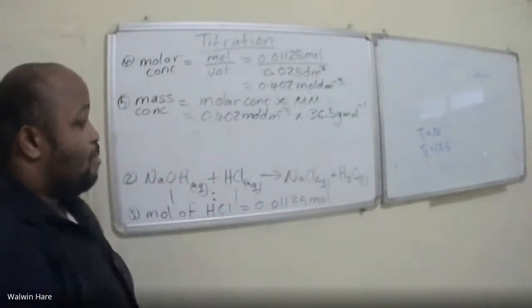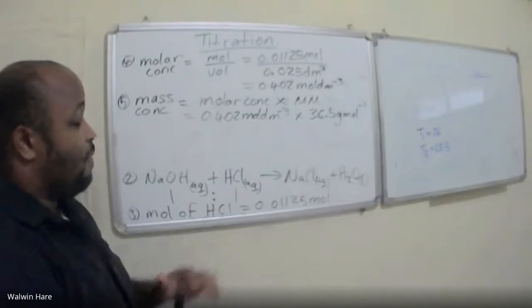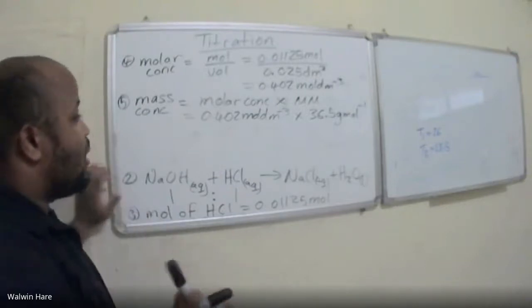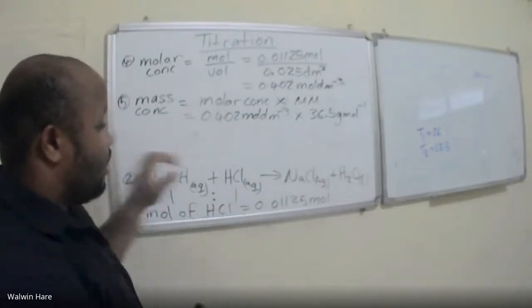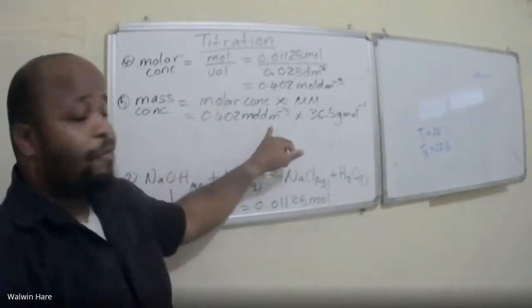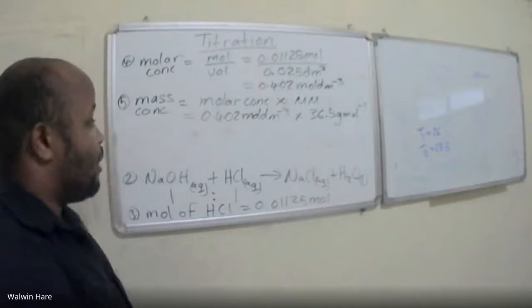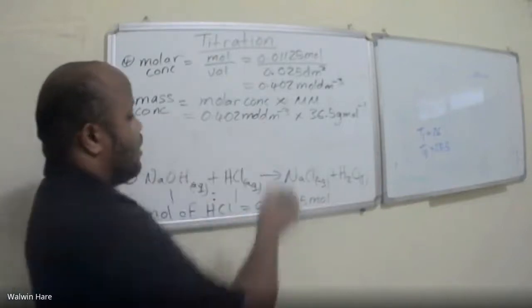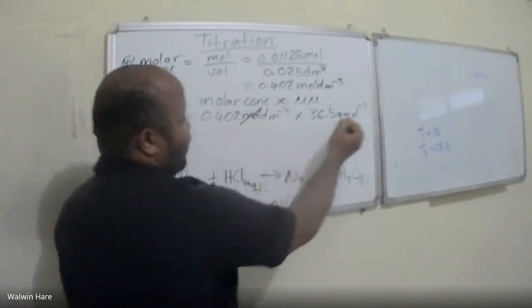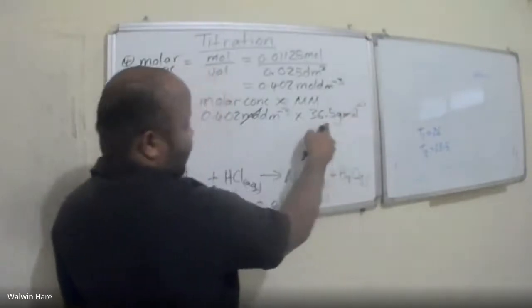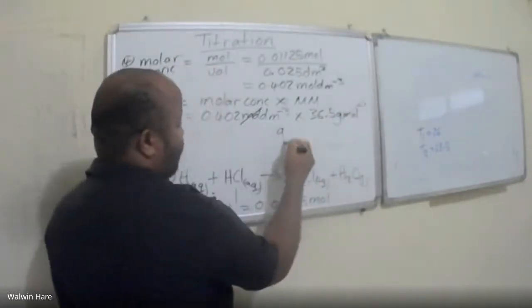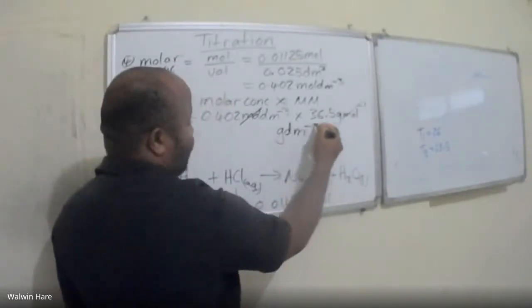If you want to check to see if your calculation is actually correct, you can work out the units. If the units do not match up, then the calculation is incorrect. So for this, the moles will cancel mole, and what you're left with is gram per dm³.